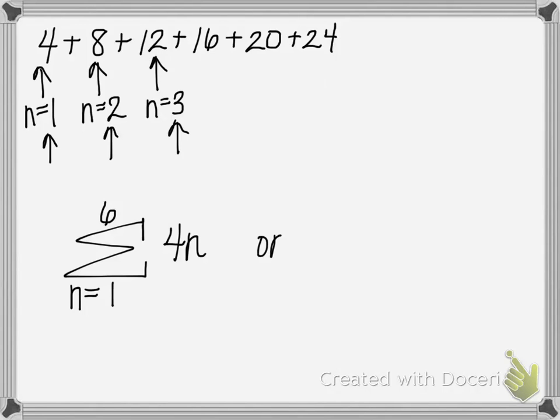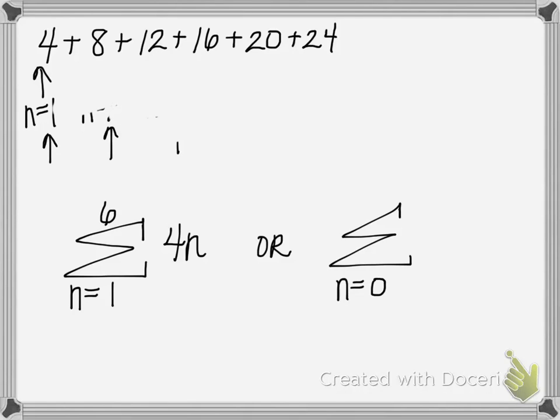Let me give you a couple of the other options. For example, let's say you didn't want to start with an index of 1. Let's say you wanted to start with an index of 0. Well, you'll notice that the pattern is still the same. Our pattern is that we're basically adding 4 repetitively.